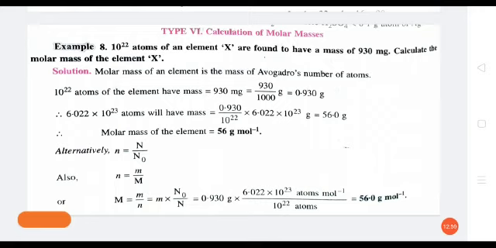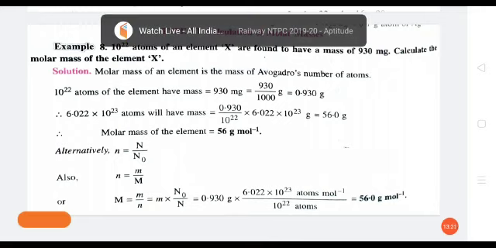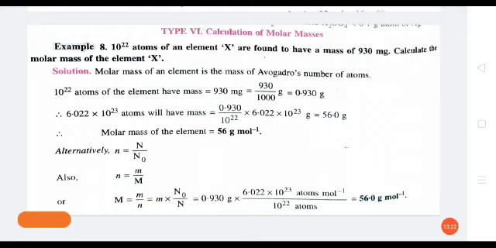By simply, all the values are given in the question. 0.930 gram is in question itself. 930 mg is converted into gram. So I am taking 0.930 gram into Avogadro's number divided by 10 to the power 22 atoms. Okay, so answer will be 56.0 gram mole inverse.